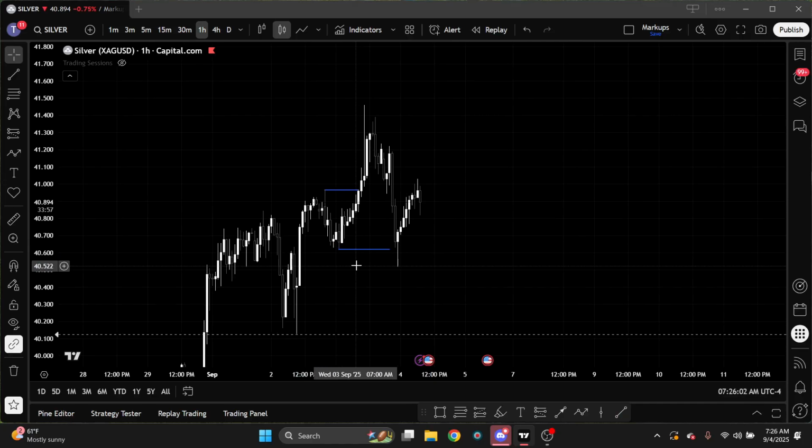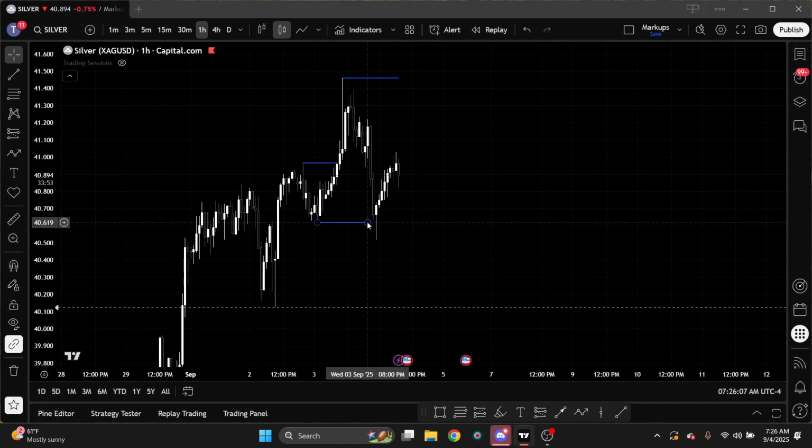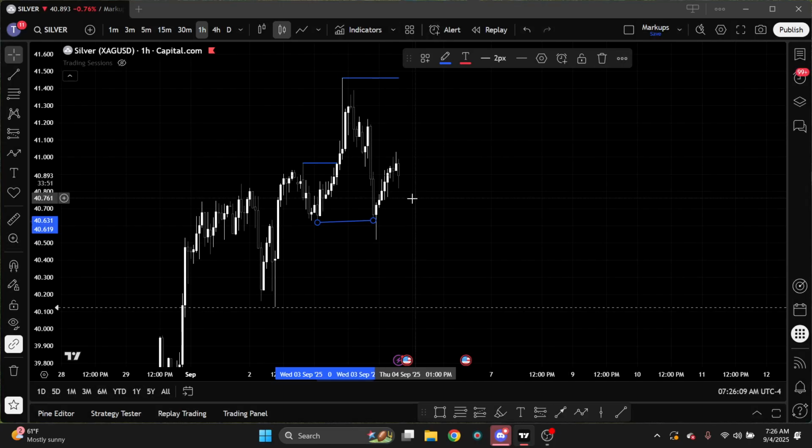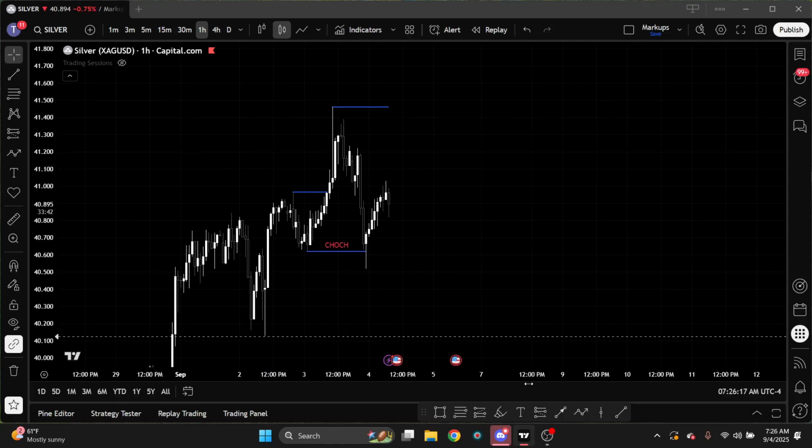This is your higher low, made a new high. This right here could be a change of character. You have this beautiful supply zone here slash order flow.